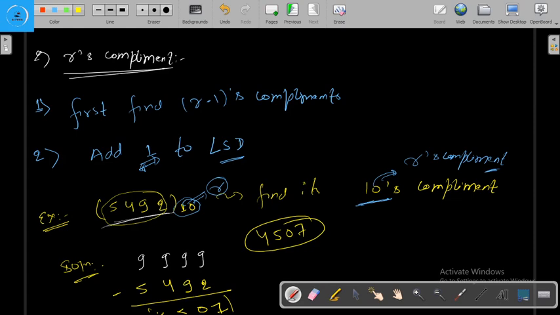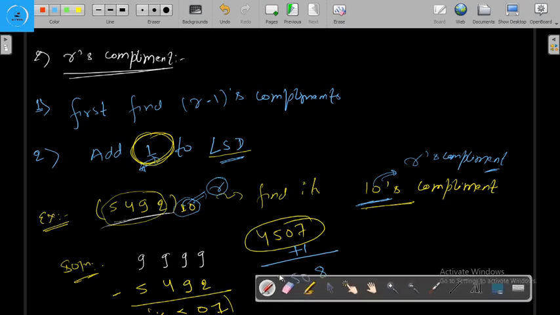And for finding the 10's complement, we add 1 to the LSD. So 7 plus 1 is 8. Can we put 8 here? Yes, we can put 8 here because 8 is less than r minus 1, which here is 9. Then here 0, 5 and 4.